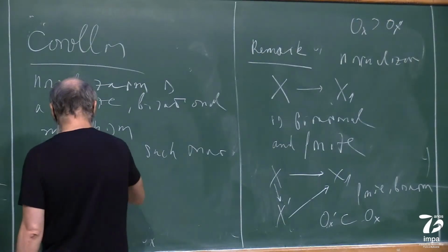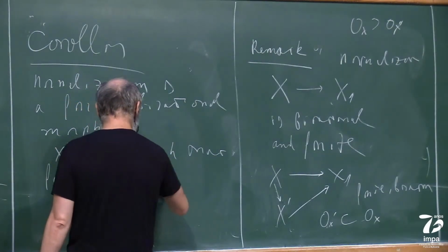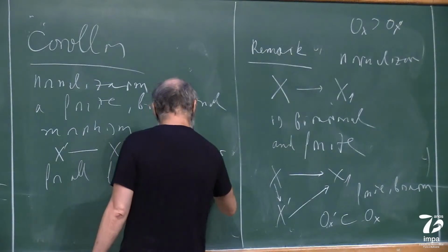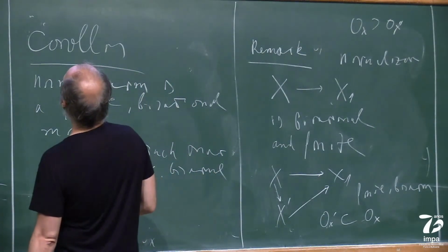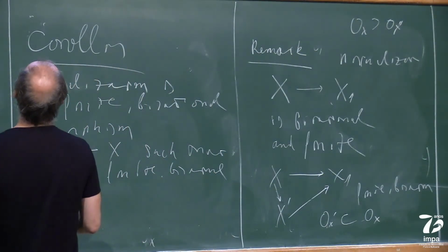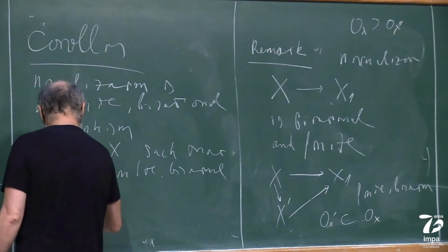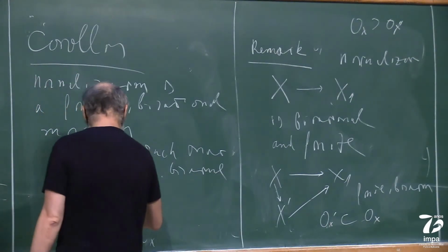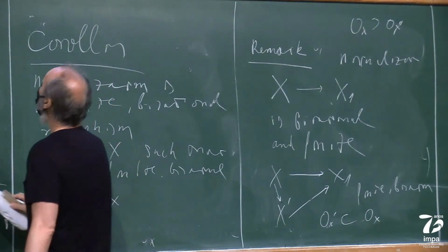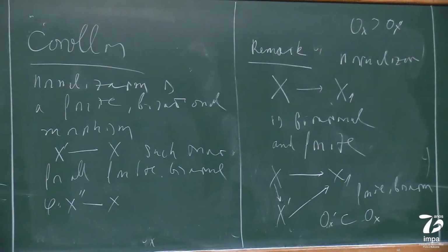for all finite birational morphisms phi from x double prime to x, the map phi can be factorized.